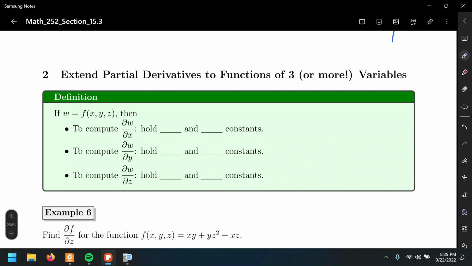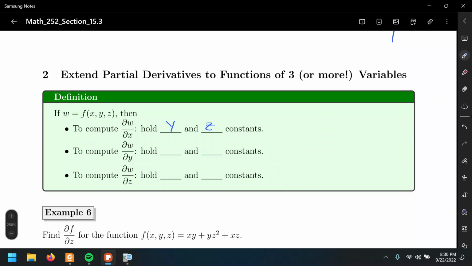So let's extend these partial derivatives to functions of 3 or even more variables. If we have a function w that depends on x, y, and z, to take the partial derivative with respect to x, we hold y and z constant.